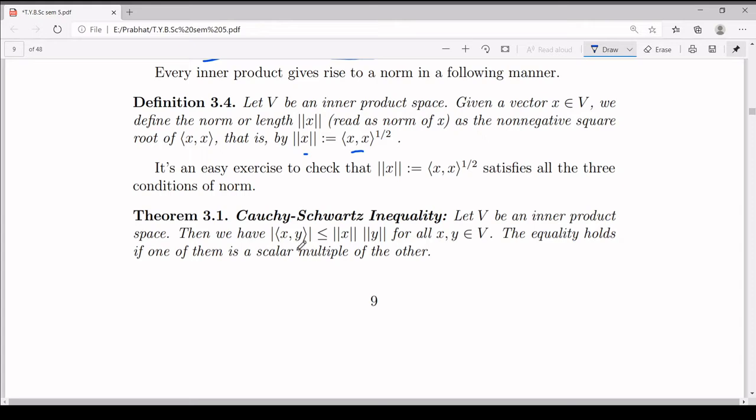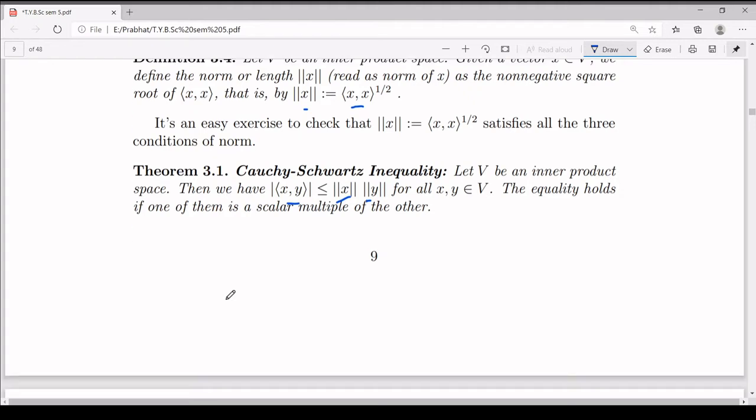Now here, in terms of inner product, mod of inner product xy is always less than or equal to norm x norm y, and the equality occurs, that means mod of inner product xy is equal to norm x norm y, if and only if x and y are scalar multiples of each other, or you can say x is some scalar alpha times y. Then equality in this inequality will hold. So that is the Cauchy-Schwarz inequality. You can look for the proof, but I am not proving it here.